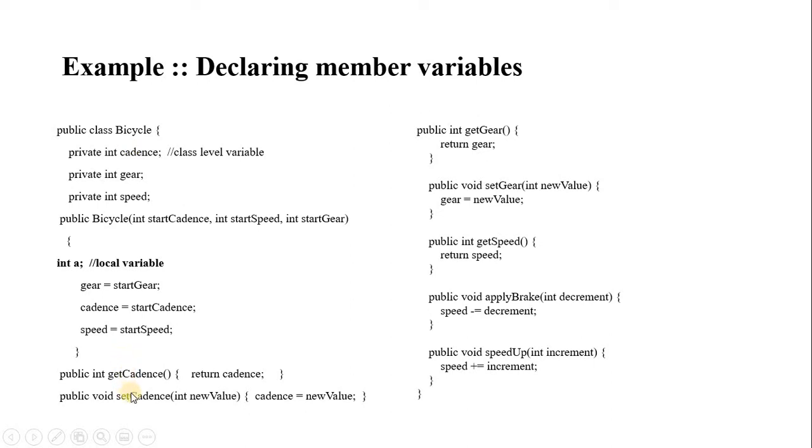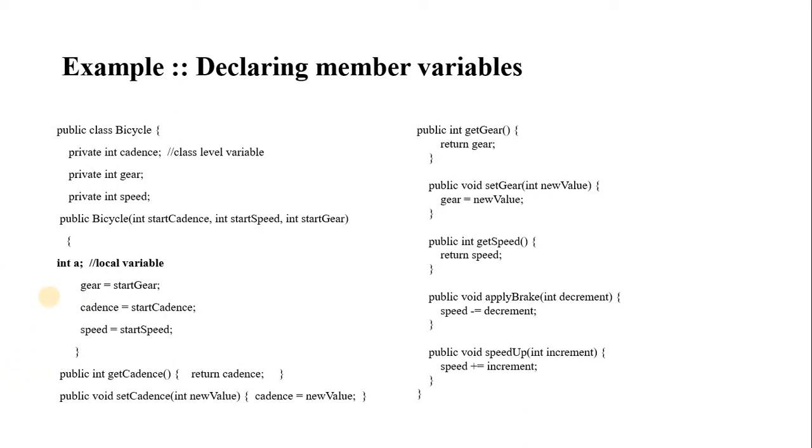And coming to the point, the private variables here, cadence, gear, speed, are the fields. If you declare any variable within a code block, which is actually a constructor, we will discuss that in the future, that is called a local variable.